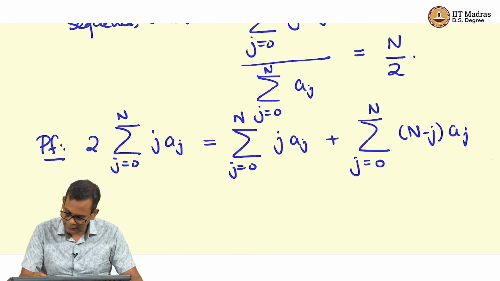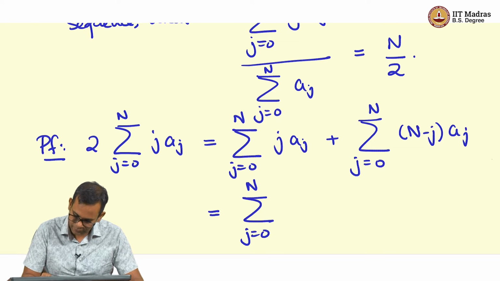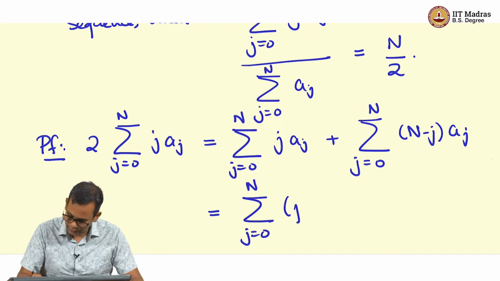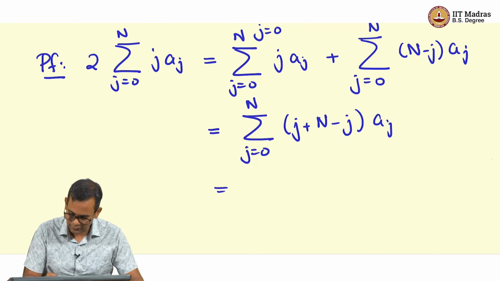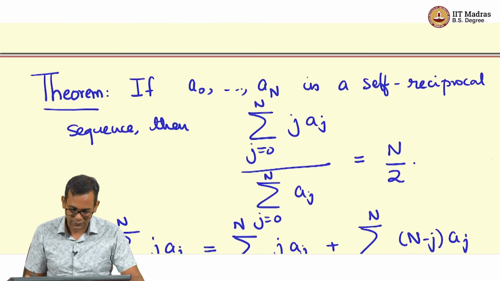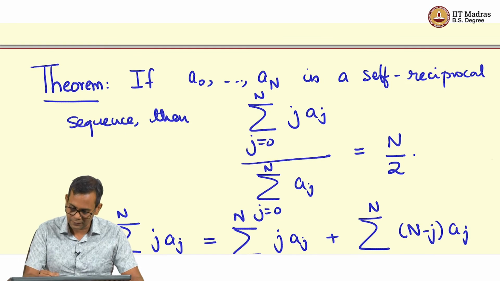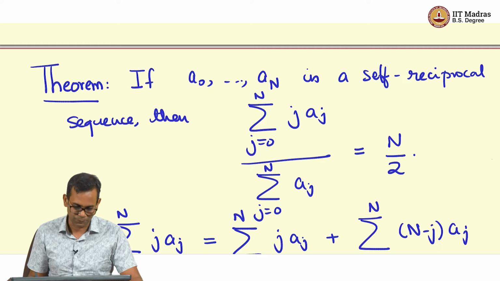And now combining the coefficients of aj, I get the sum over j from 0 to N of j plus N minus j times aj. Well, that is just N times summation j goes from 0 to N of aj, right, and that proves this identity that summation j aj divided by summation aj is exactly N by 2.